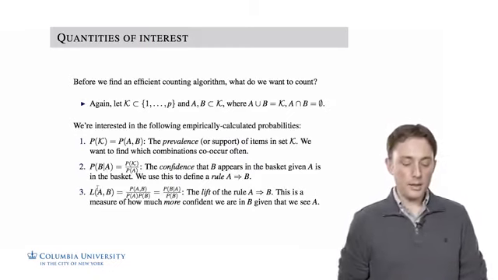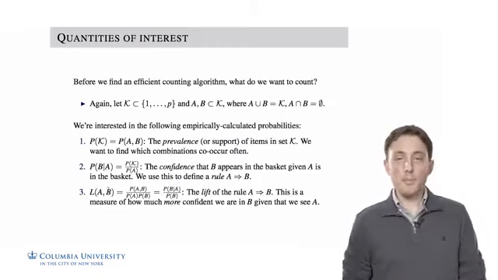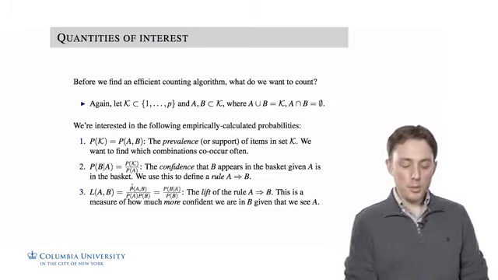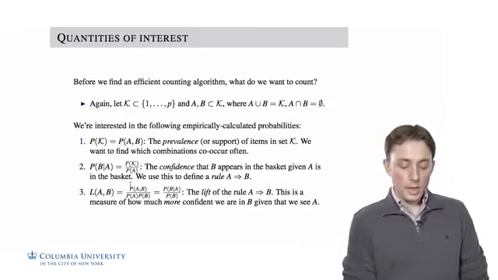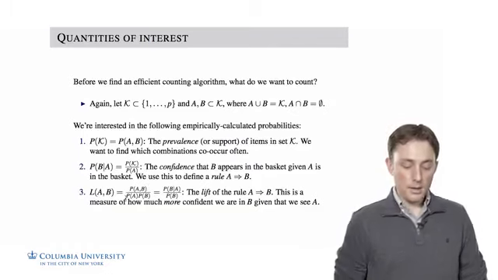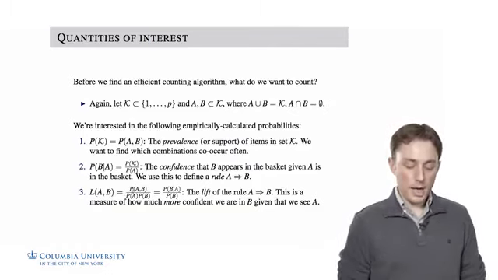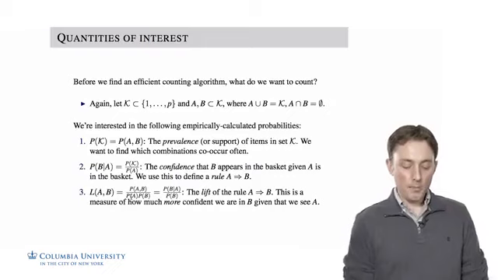Finally, we define this function L of A and B. This is the joint probability of A and B divided by the marginal probability of A times the marginal probability of B. So we can simplify this first fraction, A and B divided by A, by recognizing that this fraction is simply the conditional distribution.